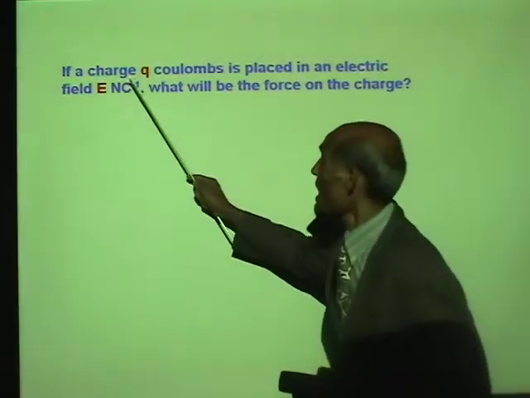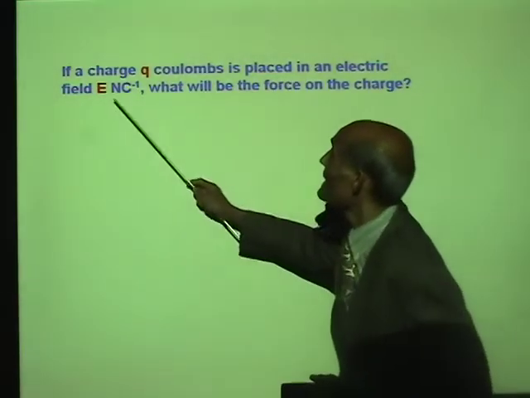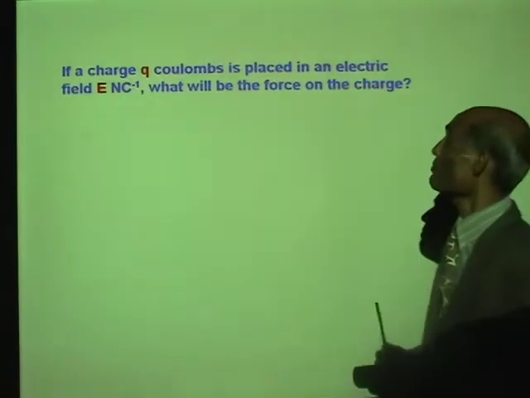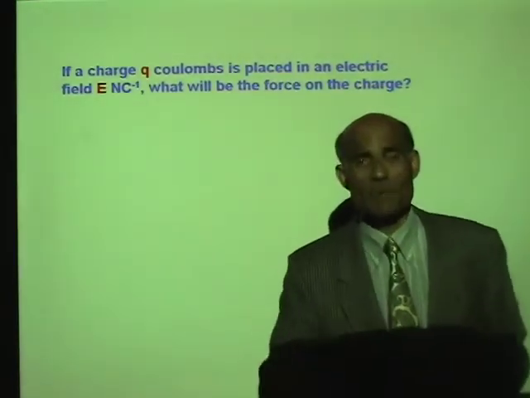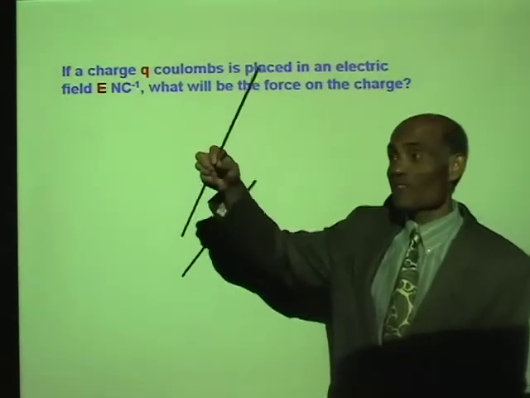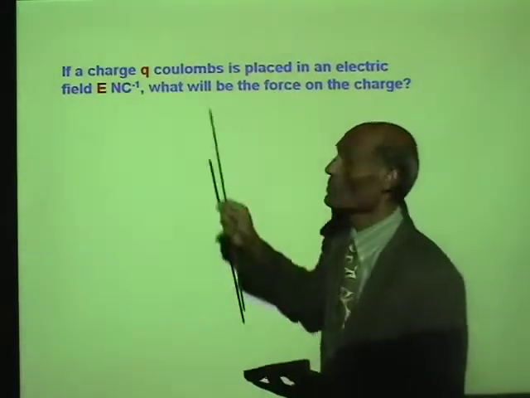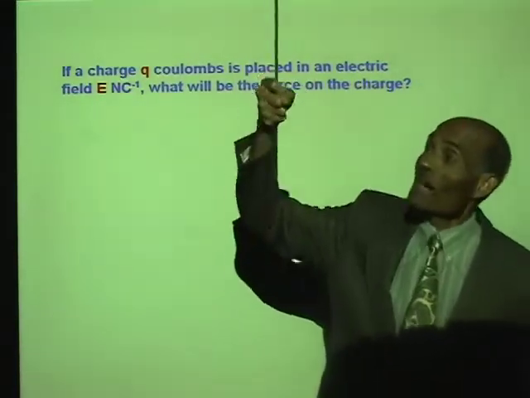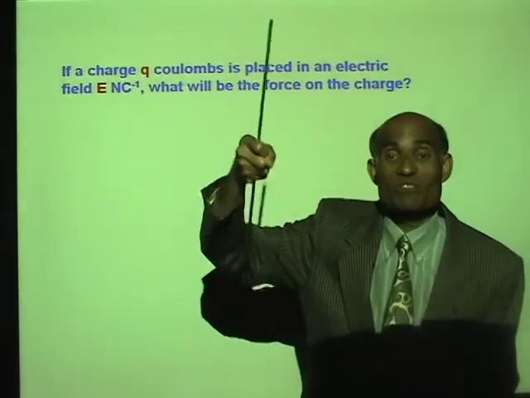Alright, if a charge Q coulombs is placed in an electric field E Newton per Coulomb, what will be the force on that charge? Can you tell me? Now, I have an electric field, and in that electric field, I'm going to place a charge Q. That means that charge is going to experience a force because it is placed in an electric field.